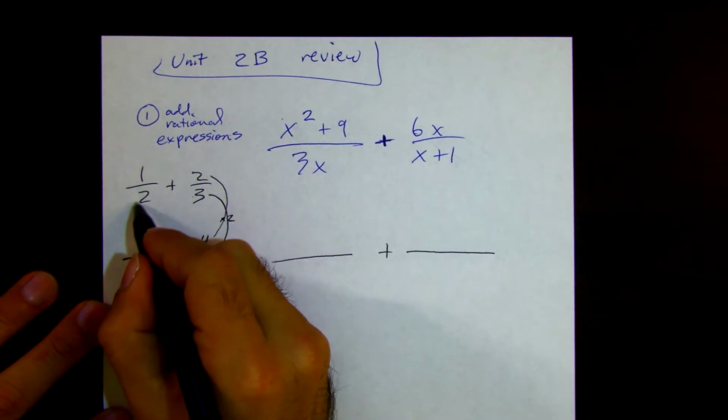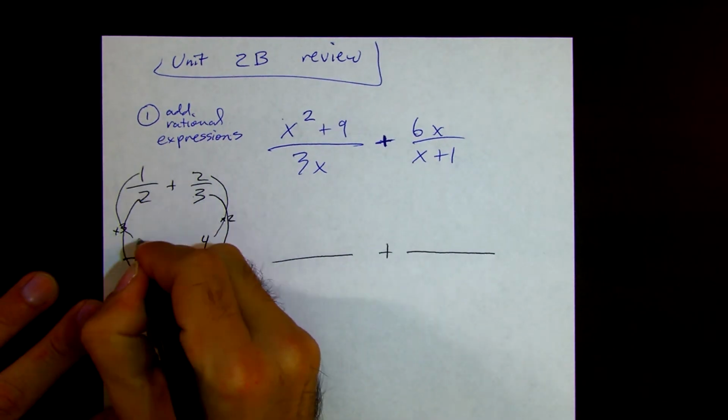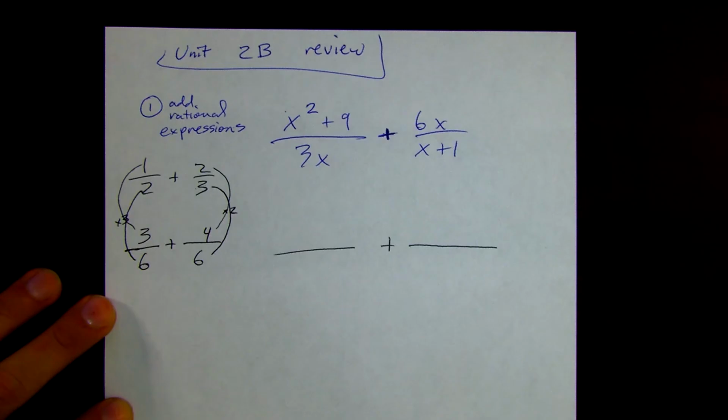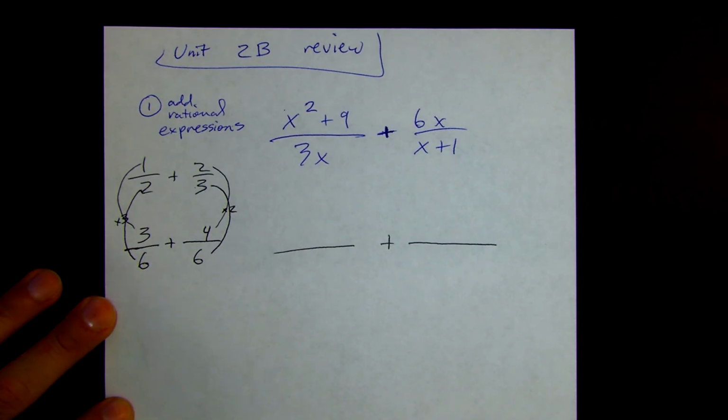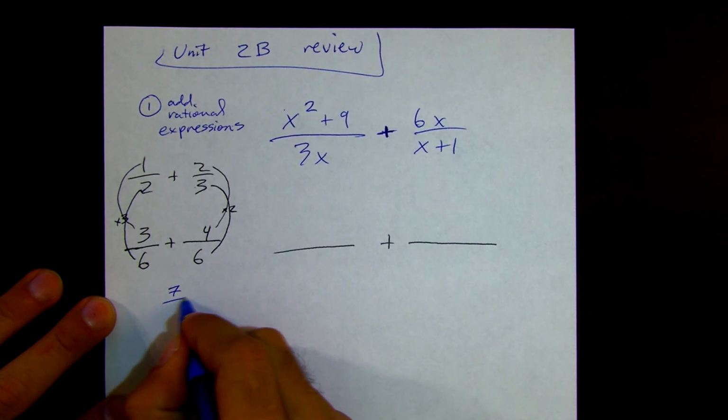How did I go from 2 to 6? I multiplied by 3. Do the same to the top, 3. And you can see if we reduce these down, 2/3 is the same as 4/6 and 1/2 is the same as 3/6. So what we've done is basically just found a common denominator, and then we would add together the numerators and end with our answer.